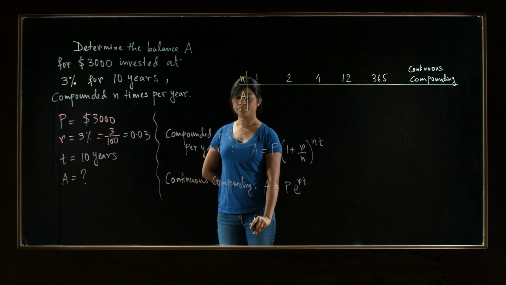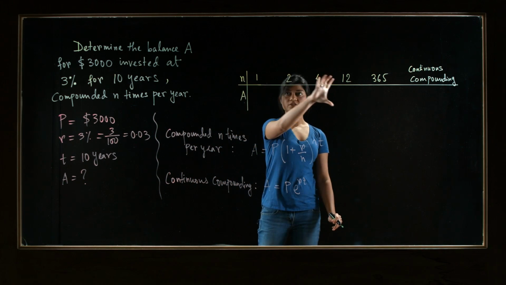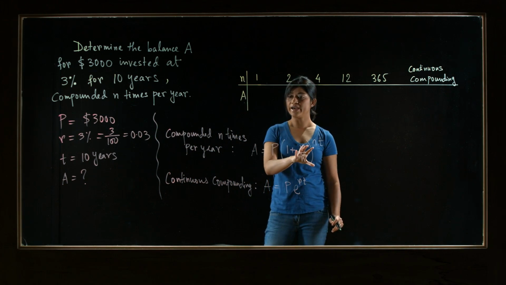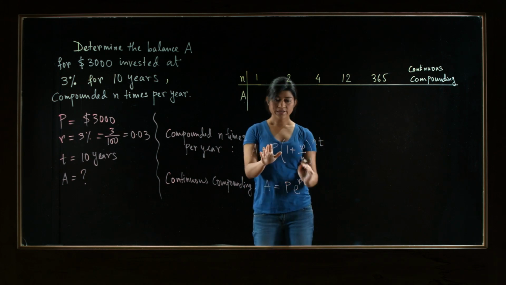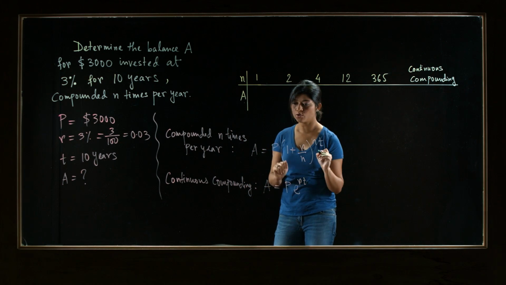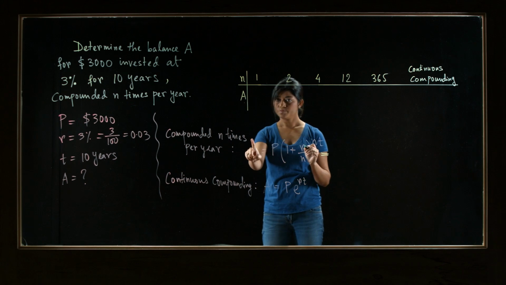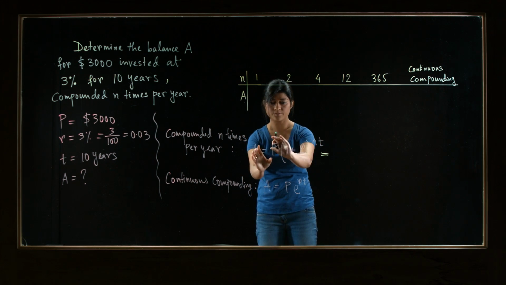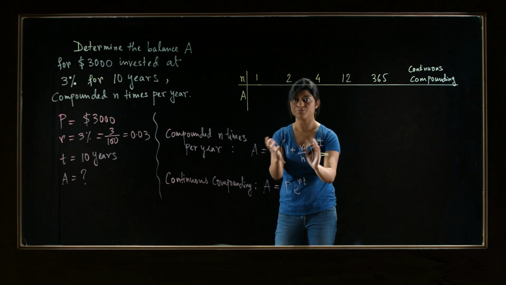So let's see. For the first part of the table, we have to plug in the various n values and figure out the balance. So let us write down here what we already have, because we have to determine A, so we have to plug in all the different values that we know.